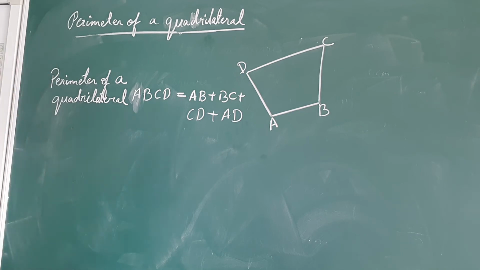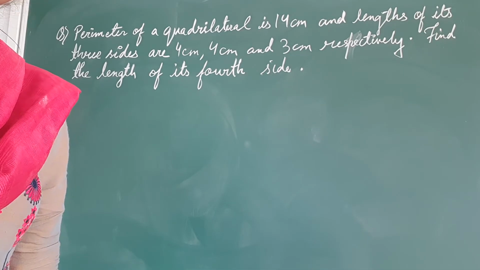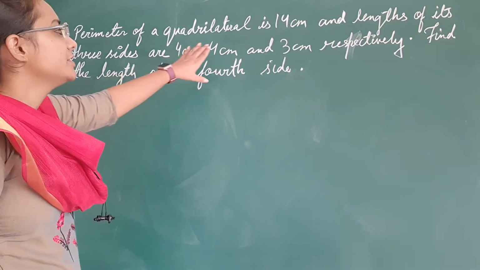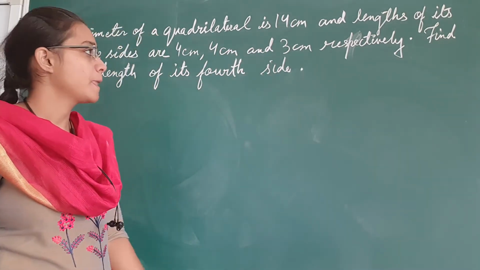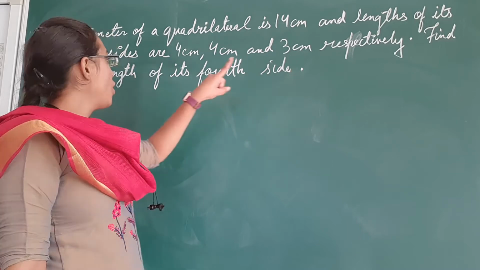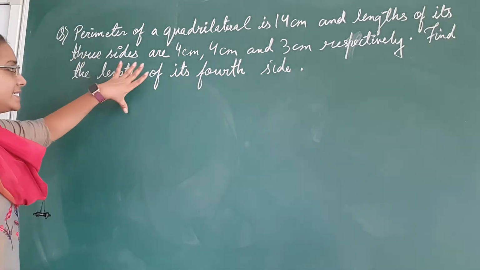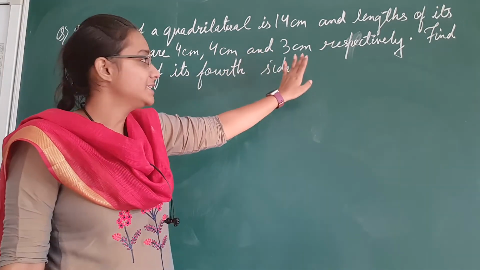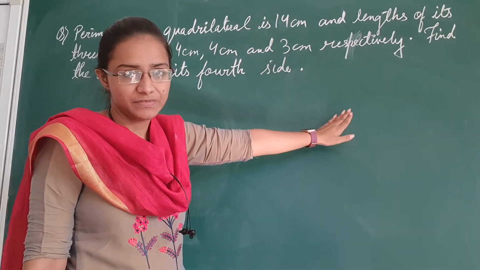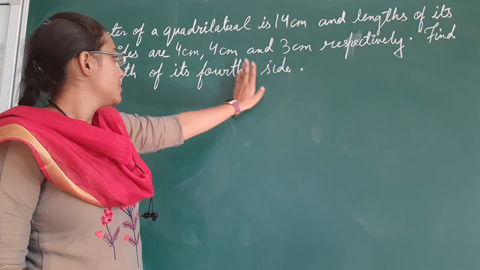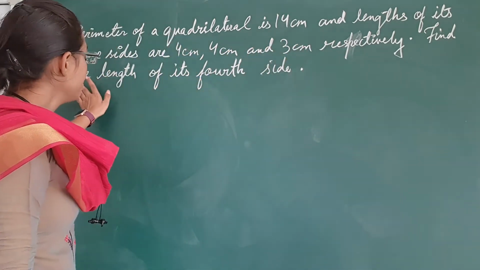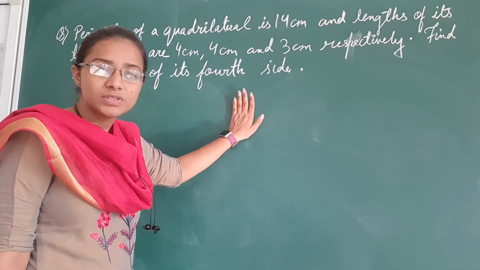So let us see one example with it. Look at this question here. The perimeter of a quadrilateral is 14 centimeter, and the lengths of its 3 sides are 4 centimeter, 4 centimeter and 3 centimeter respectively. Respectively means first side, second side, third side. Find the length of its 4th side.